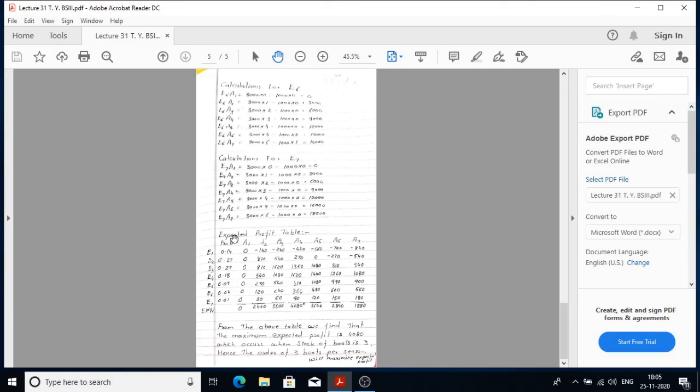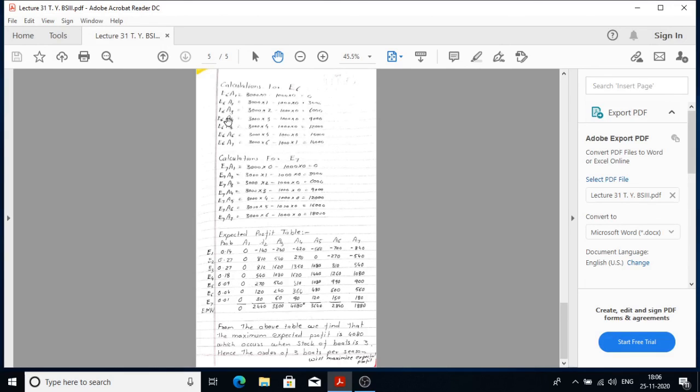So we can write the expected profit table as E1, E2, E3, E4, E5, E6, E7. The respective probabilities are written alongside A1, A2, A3, A4, A5, A6, A7.